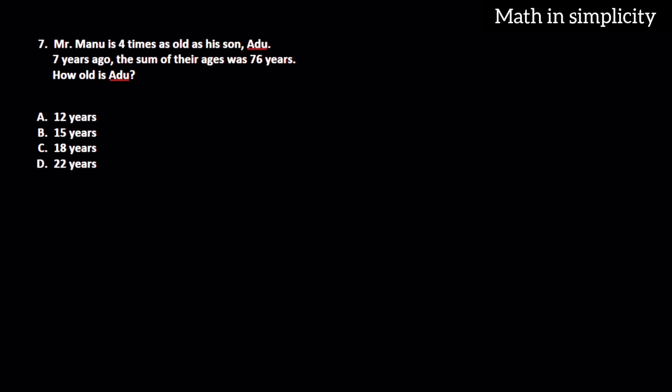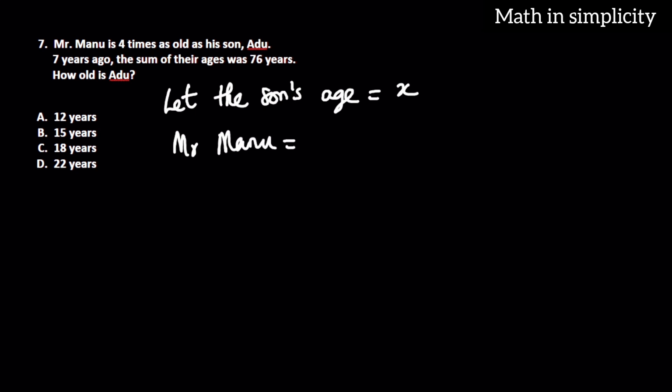Now Mr. Manu is 4 times as old as his son, so we can just say let the son's age now be equal to x, since we don't know. But we know that if the son's age is x, Mr. Manu, which is the dad, should be 4 times the age of the son. That's 4 times x, which is 4x.